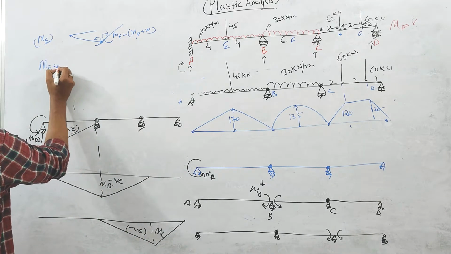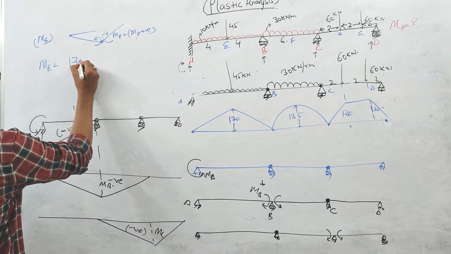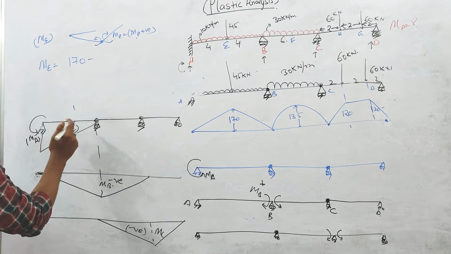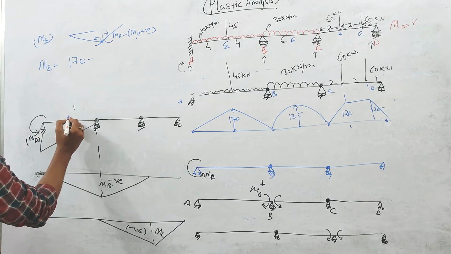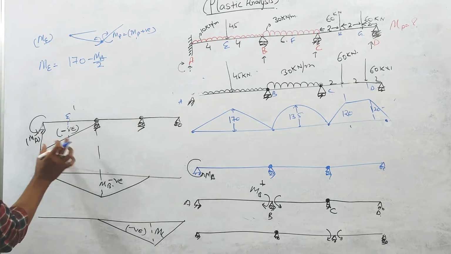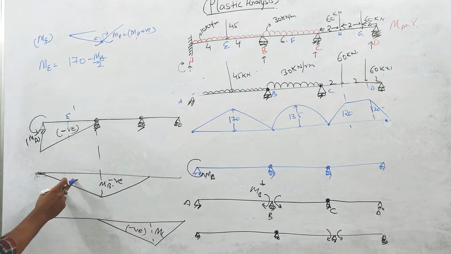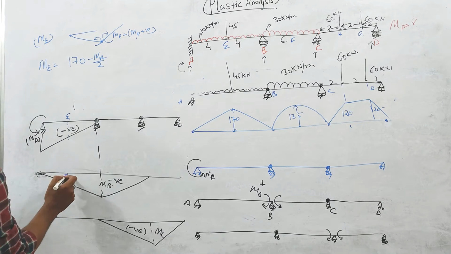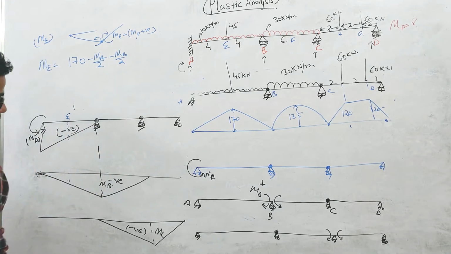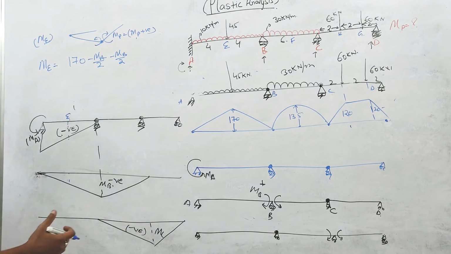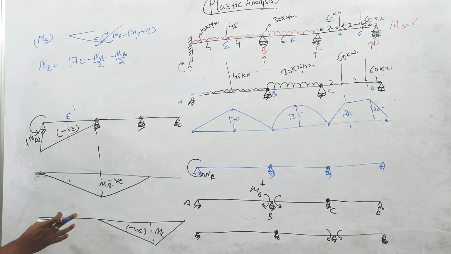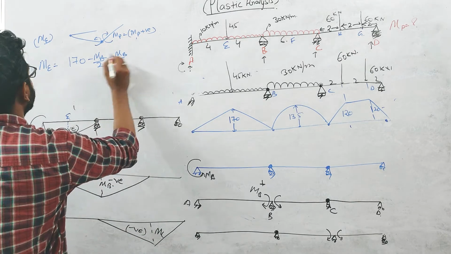ME equals 170 minus MA at this point, E point, this value will be MA by 2 through linear interpolation. Similarly, at this point, the value will be minus MB by 2, right? And at C, this portion is 0, so the effect of this M is not coming on this AB portion. That we can see through this bending moment diagram. So this will be equal to ME.